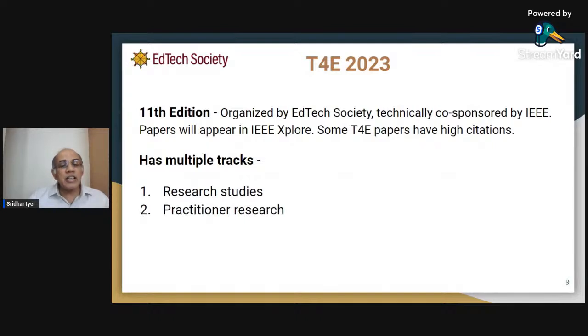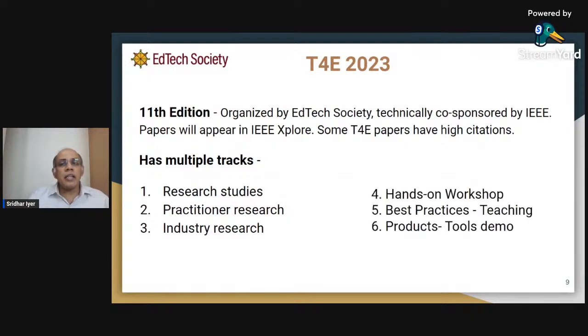Then there is practitioner research, which is, as a teacher, you may have tried some idea in your class and you may have generated evidence using a research method to show that your idea works. Then there is industry research, what happens for developing new products or the effectiveness and evaluation of products and so on. In addition to these, T4E 2023 has 3 more tracks.